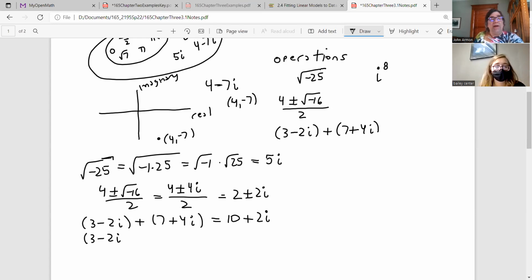Multiplication: if i was a variable, this looks a whole lot like multiplying 2 binomials together. And that's exactly how you do it. Distribute 3 times 7, 3 times 4i, negative 2i times 7, and then negative 2i times 4i.